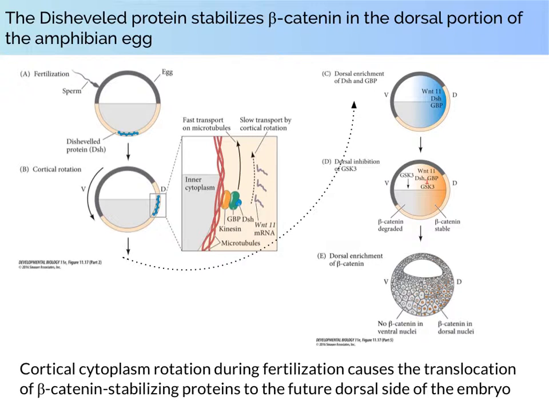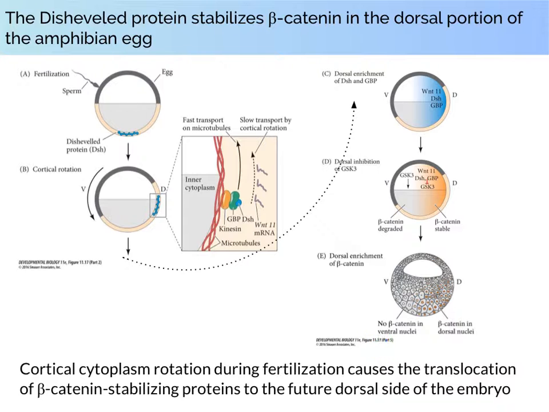So as a result of that, beta-catenin becomes localized to these dorsal nuclei. And on the ventral side, we have GSK3, but the Wnt pathway proteins are not found there, so GSK3 targets beta-catenin for degradation on this ventral side, and as you can see, there will be no beta-catenin found in these ventral nuclei.